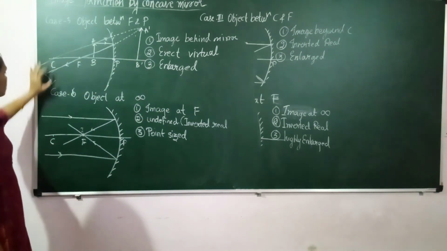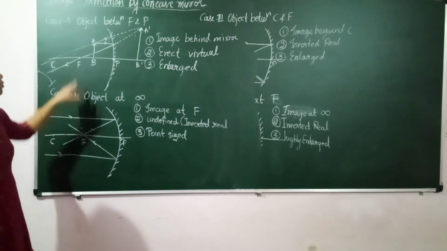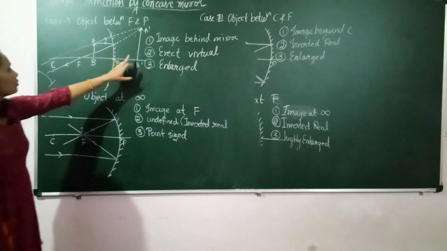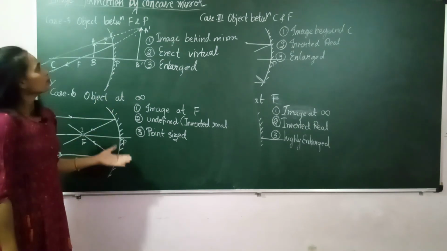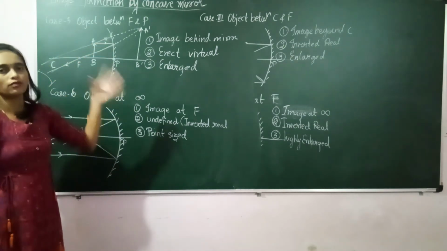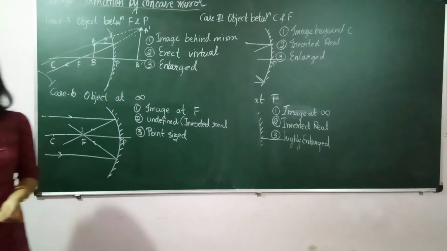When we place the object at infinity, the image will be formed at the focus. When the object is placed between the focus point and the pole, we will get the image behind the mirror. So these are the different images we are getting using the concave mirror at different positions. This is all about the image formation of the concave mirror.